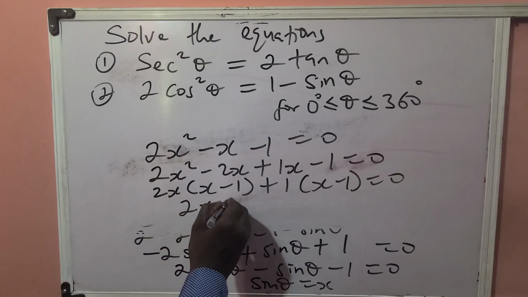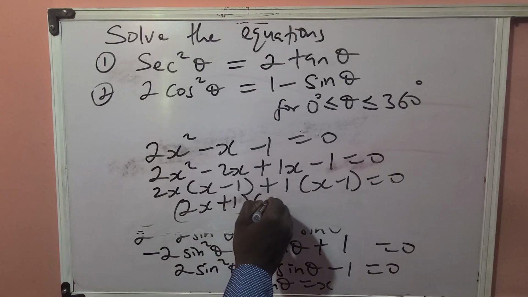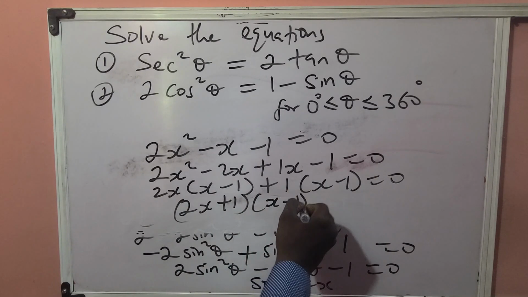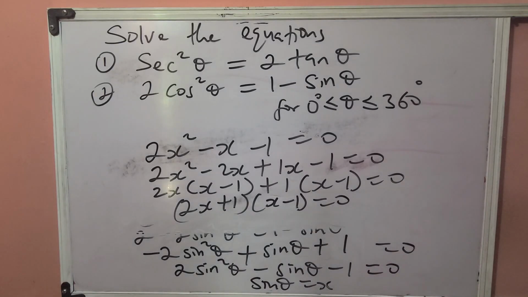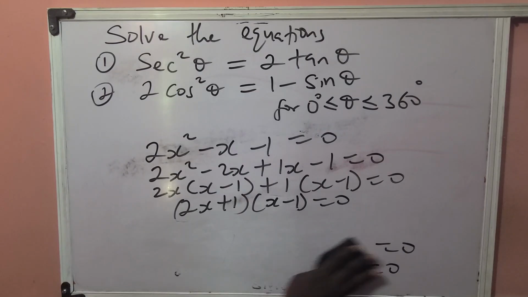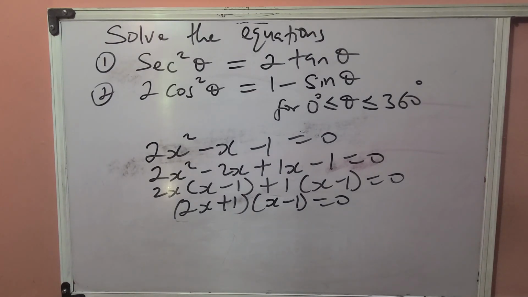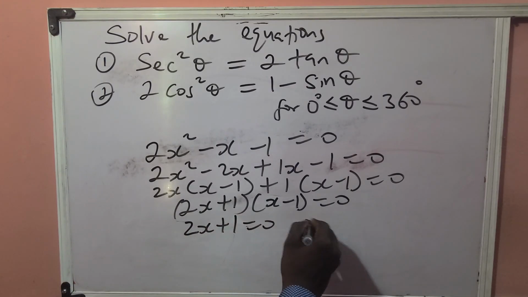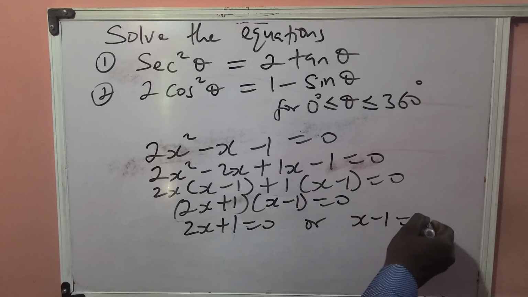So obviously, 2x plus 1 and x minus 1 equals 0. So from here, you can see that our values are 2x plus 1 equals 0 or x minus 1 equals 0.